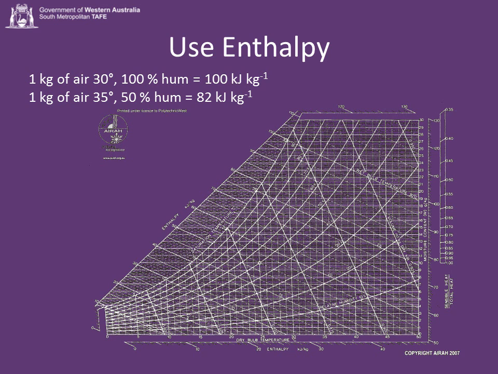As you can see, the second one has less enthalpy. What this means is the second one will be easier to heat and cool. So when we're deciding whether to use outside air or return air, we need to base that decision on the enthalpy of the air, not the temperature of the air.